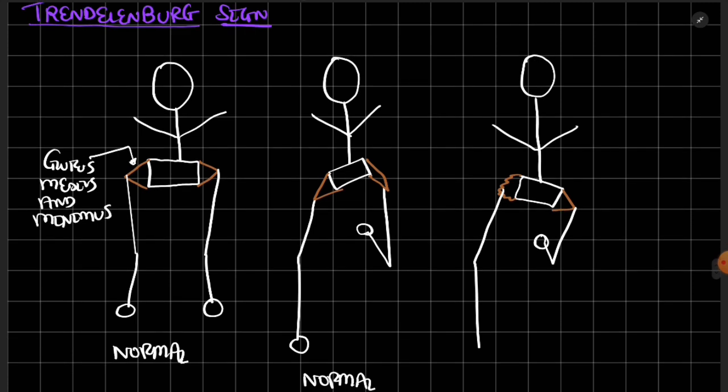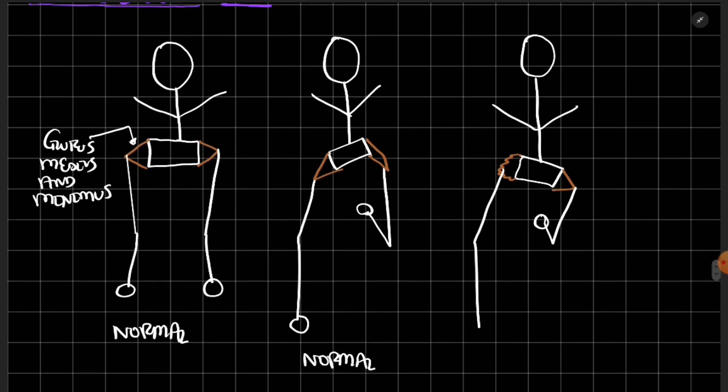Now I told another person with an affected gluteus medius and minimus, on let's say an unknown side, to stand on his left leg. He was completely fine standing on his left leg.